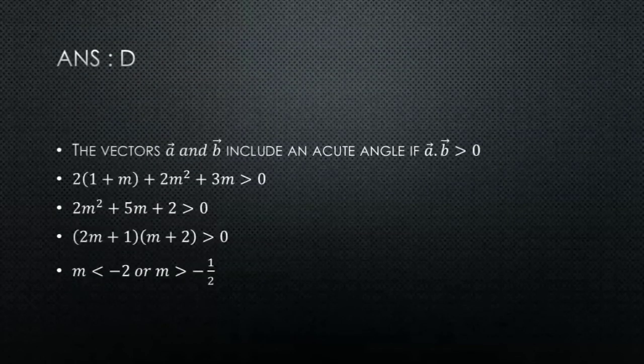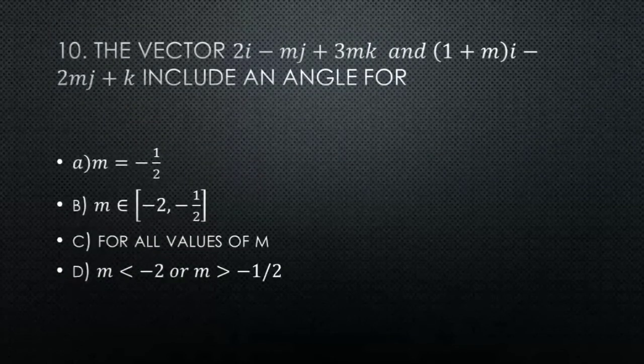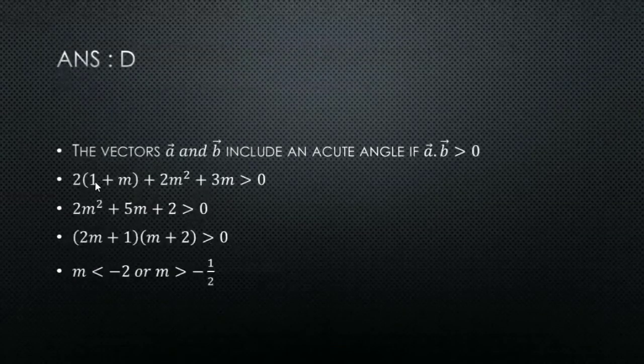See, the vectors A vector and B vector include an acute angle if their dot product is greater than 0. This you have to remember. So it includes an acute angle whenever the dot product of those two vectors is greater than 0. So now you can use that formula, A vector dot B vector. Two vectors are there, multiply the corresponding elements and add them. So you will get 2 into 1 plus m plus 2m square plus 3m is greater than 0.